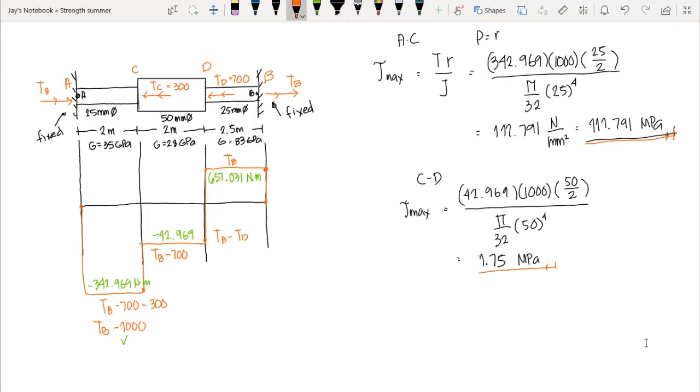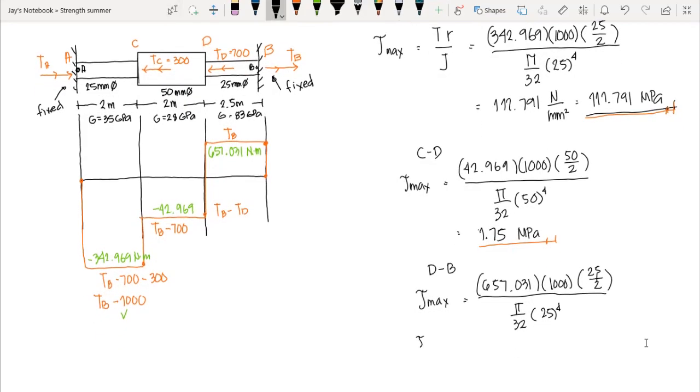Now lastly, we have member DB. The maximum shear stress is equal to the internal torque, that is 657.031, times 1000 times the radius 25 over 2, over the polar moment of inertia, that is pi over 32 times the diameter, that is 25 raised to the 4.